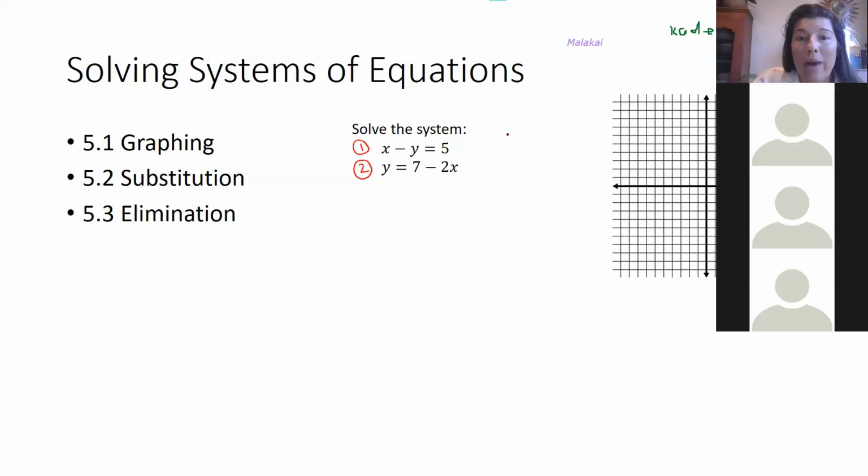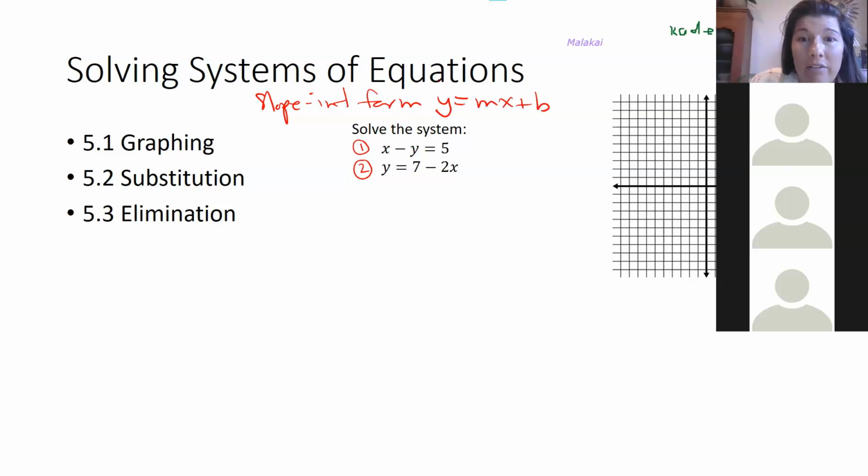So in order to graph, remind me again, what form of the equation do we need to be in? What form of equation do we need to graph? Best form. Slope intercept. We want slope intercept form. That means y equals mx plus b.